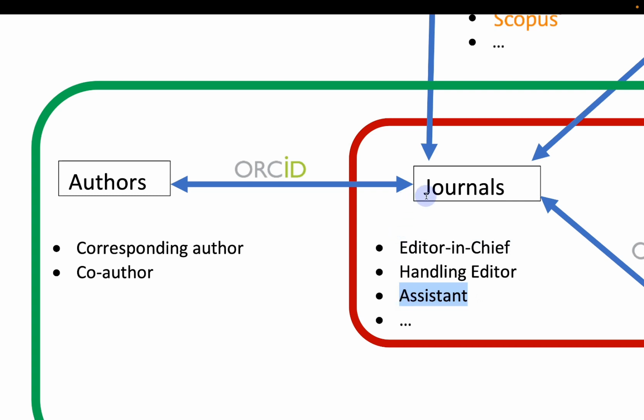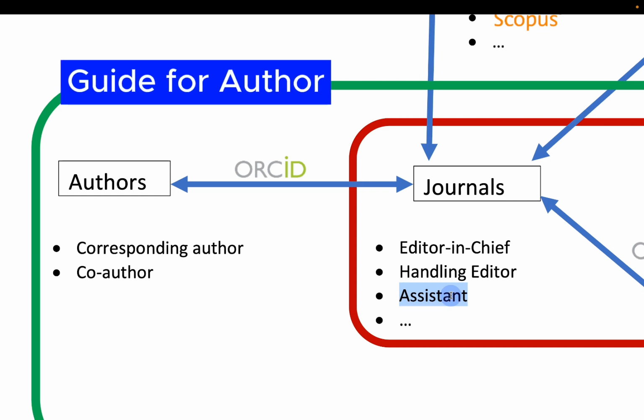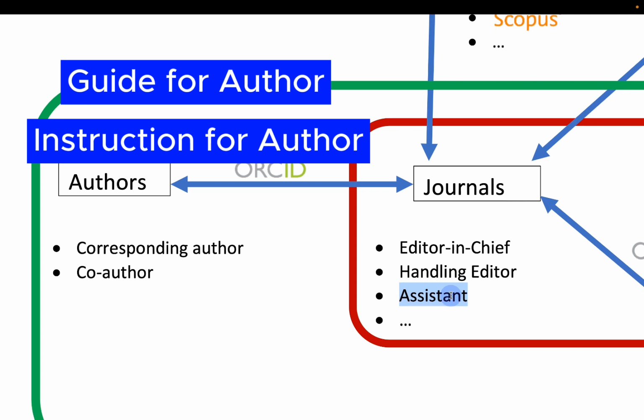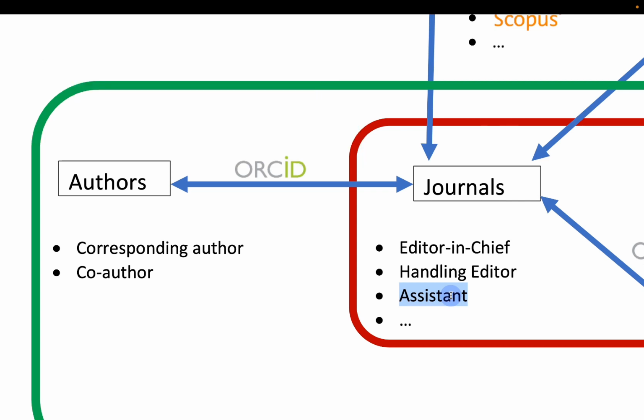When the journal receives the manuscript, firstly, assistants check that the manuscript has been written according to the standards of the journal, written in the main documents of journals called Guide for Authors or Instructions for Authors, downloadable on the journal's website.